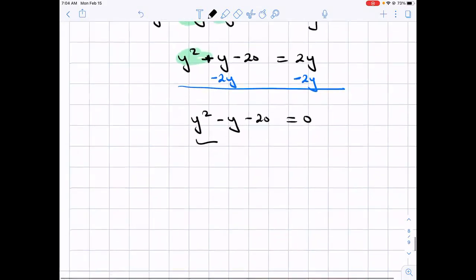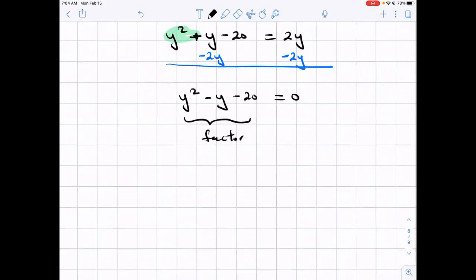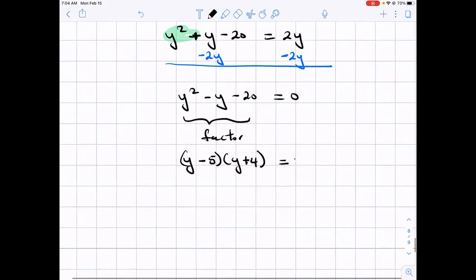Now, because we cannot solve a quadratic unless we factor it, we factor this and have y minus 5 and y plus 4, and that is equal to 0.